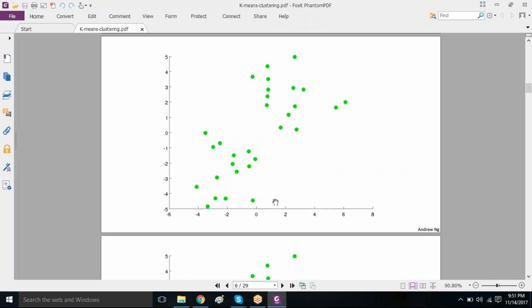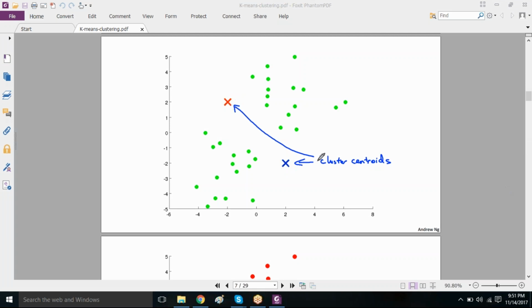Now you see what k-means does: it will initially form two groups randomly, like this. What it does is it puts a center here and a center here.